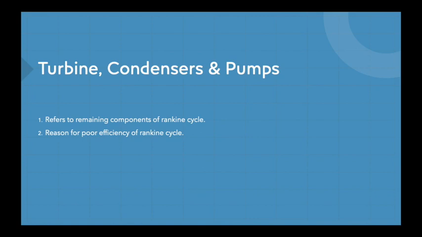Now, the next represents the pumps. The pump is where the water, being an incompressible liquid, is used to pump the liquid back to the initial pressure so that the heating can be done in a boiler.